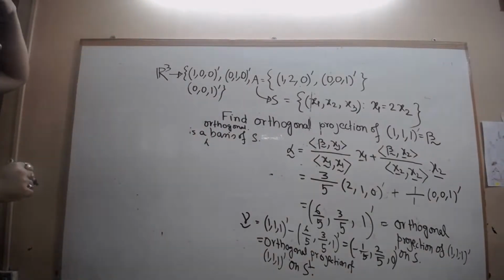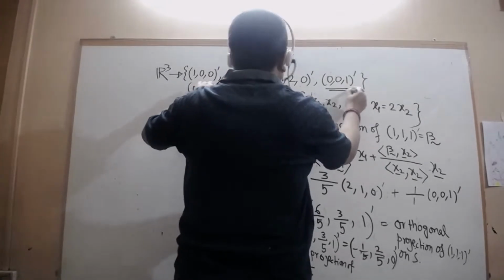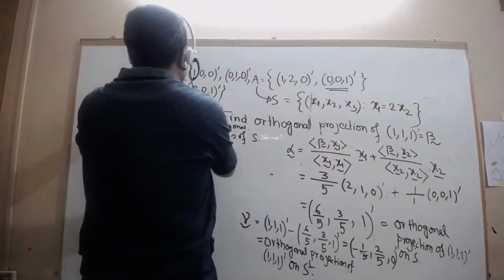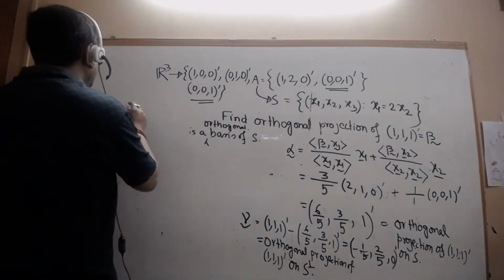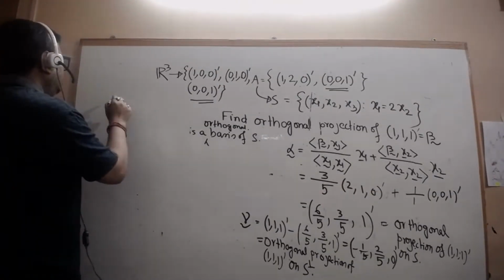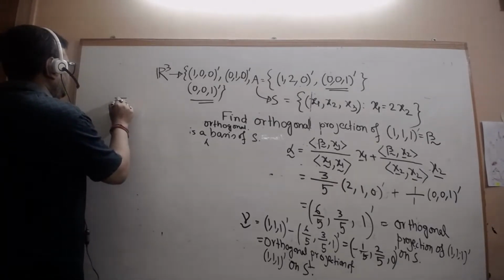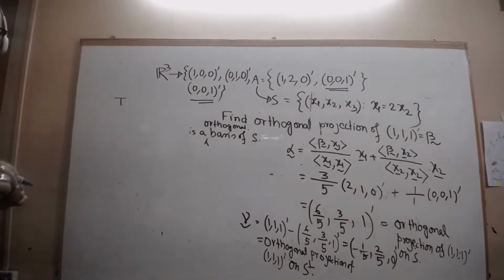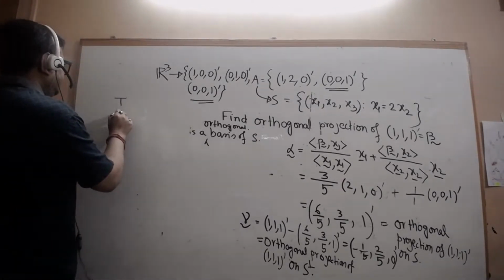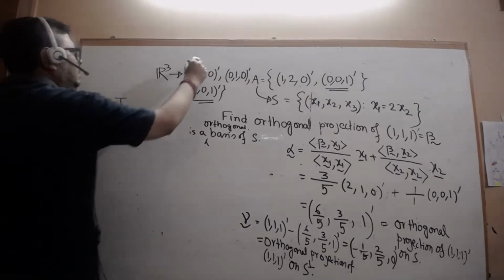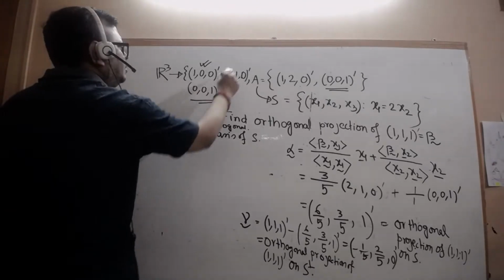Now you see that since this thing already appears in the basis of S, we will construct a complementary space T whose basis contains either this or this.